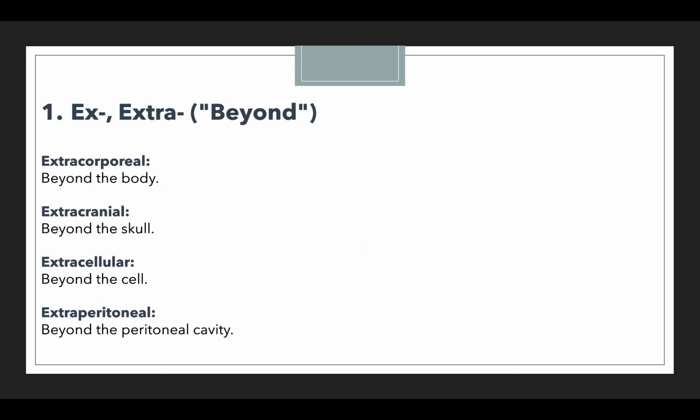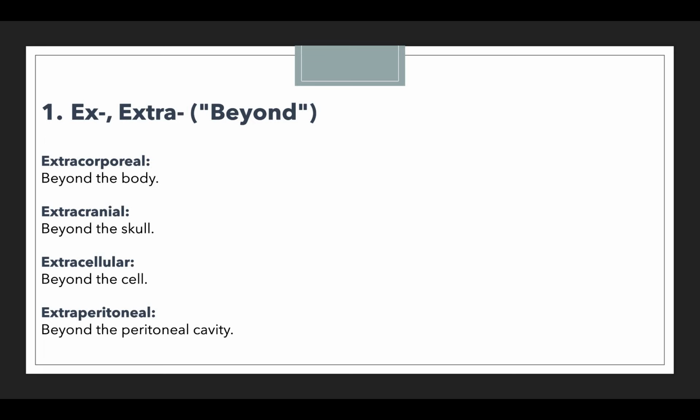First one is x or extra. The x or extra prefix is mainly used to showcase something as beyond. So if there is something you want to showcase as beyond the body, beyond the skull, beyond the cell, then in that case we will use the prefix x or extra for a medical terminology.